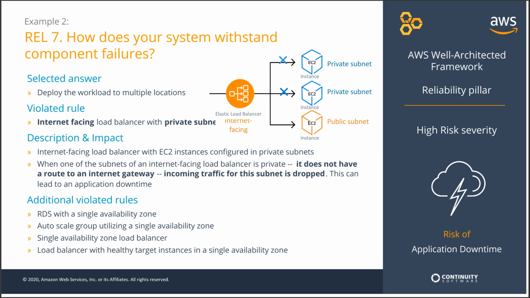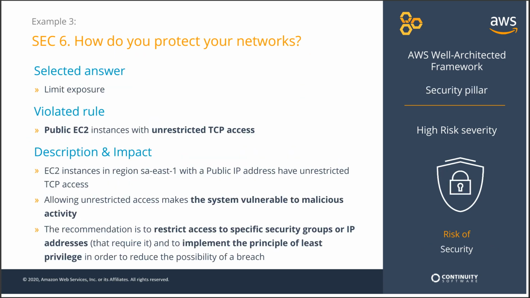The third example is related to the security pillar on the Well-Architected tool. This is question number 6. How do you protect your networks? And the selected answer was limit exposure. The rule that was violated was that the public EC2 instances had unrestricted TCP access, and this can cause a very critical situation.